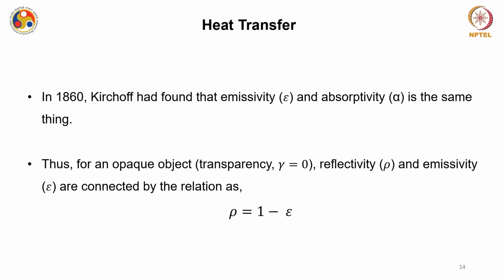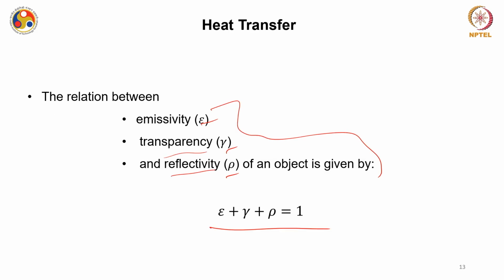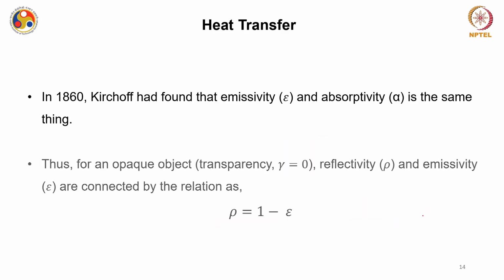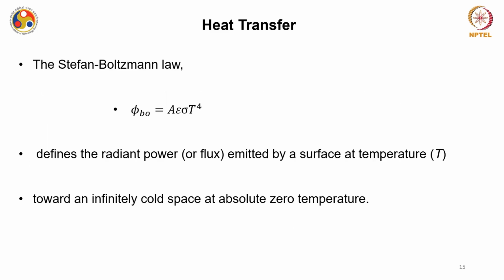So the equation, epsilon plus gamma plus rho equal to 1, becomes, since gamma is equal to 0, epsilon plus rho equal to 1, or I can say that rho is equal to 1 minus emissivity, right. So basically the reflectivity is equal to 1 minus emissivity, for the opaque object, where transparency is 0.